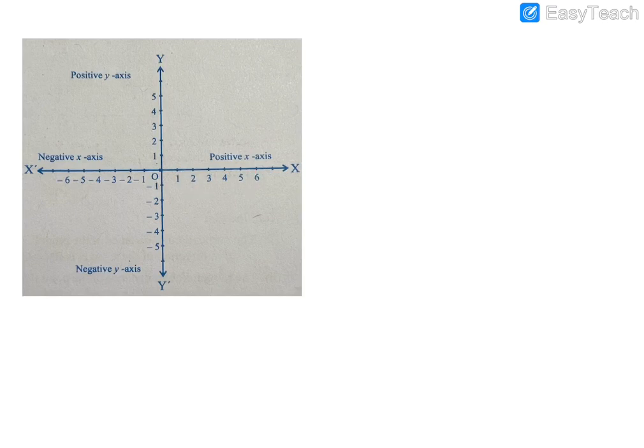Similarly, we have the vertical number line, where again the origin of the vertical number line meets the origin of the horizontal number line, and all numbers which are above the origin are positive numbers, and all numbers on the vertical number line which are below the origin are negative numbers.